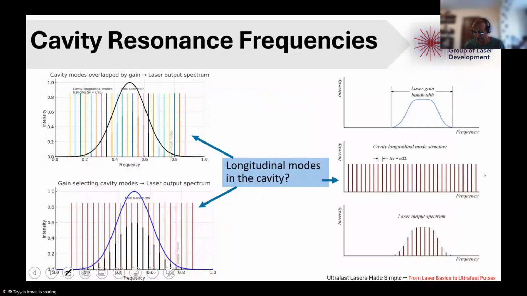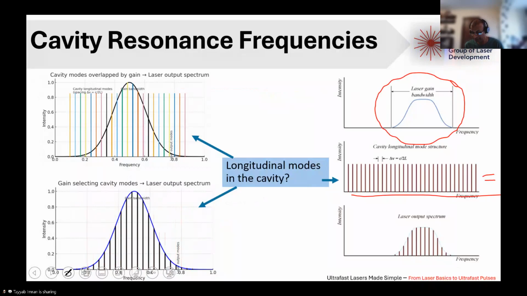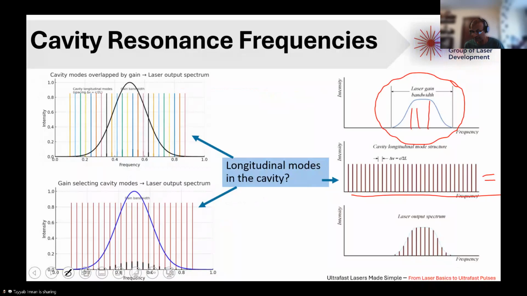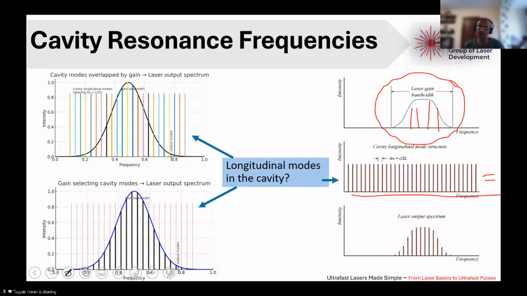This kind of appearance of the frequency modes, we call longitudinal modes. This is the gain curve of the medium. There are so many frequencies here, but not all of these frequencies can enter in this gain. Whichever enter this gain will oscillate and amplify; other frequencies will not.